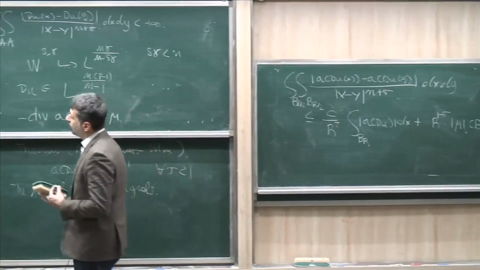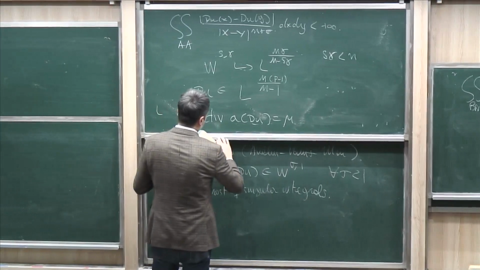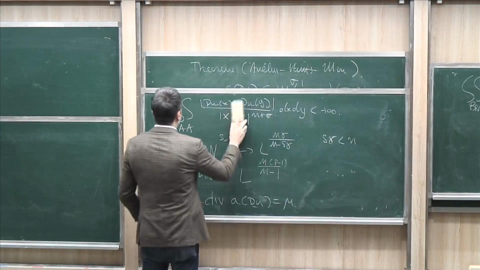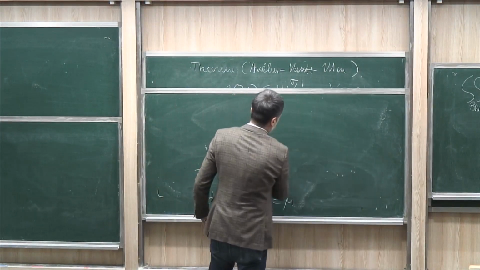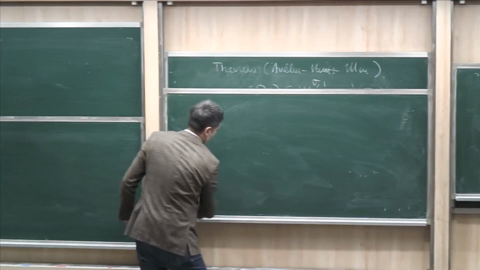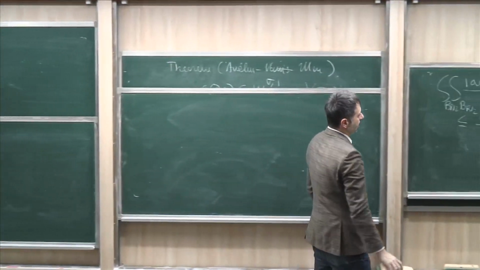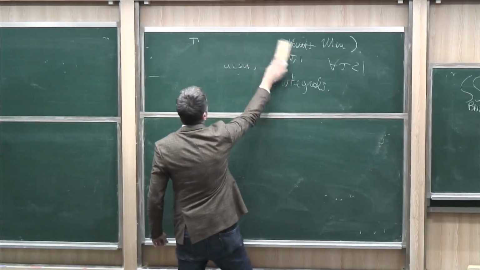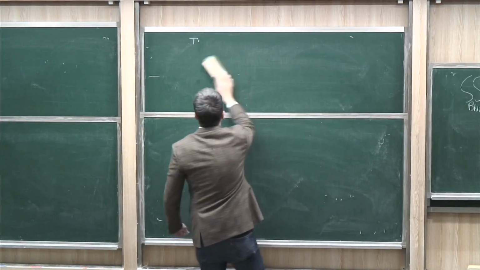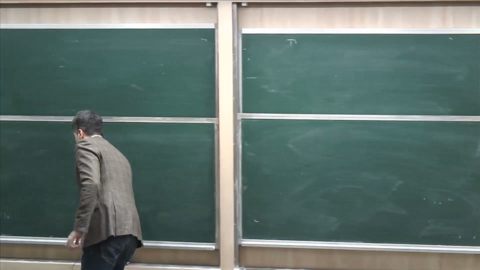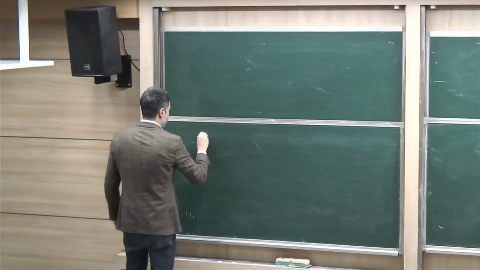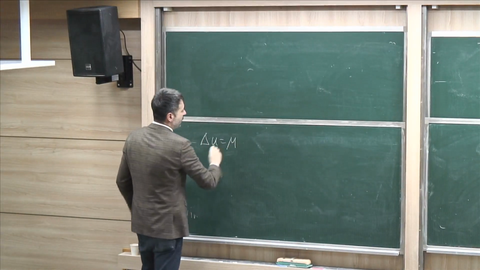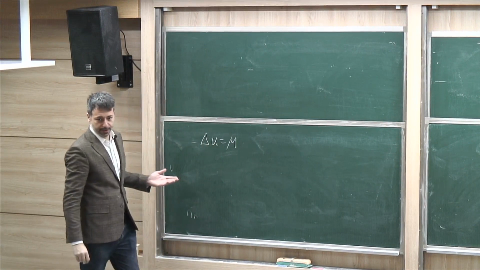Okay, so let me go back to the Poisson equation. And the Poisson equation is something for which you get essentially two estimates via fundamental solutions.